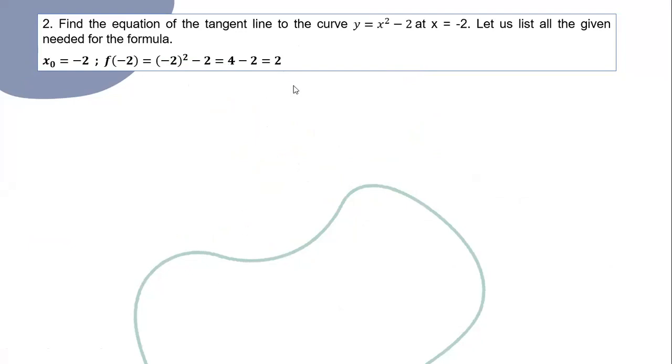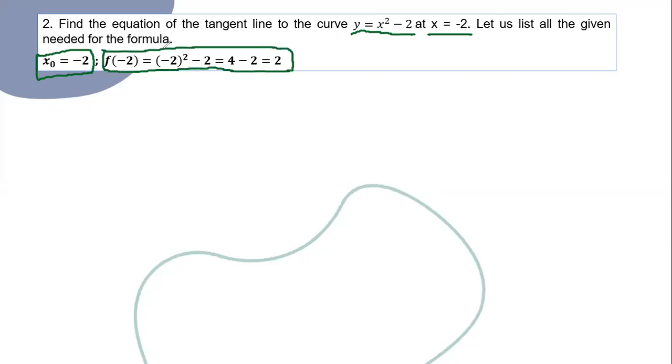we have: find the equation of the tangent line to the curve. Okay, so this is our curve, y is equal to x squared minus 2 at x is equal to negative 2. Okay? So what we need is the given x sub 0, that is equal to negative 2, and f of negative 2, okay, we will have to compute.